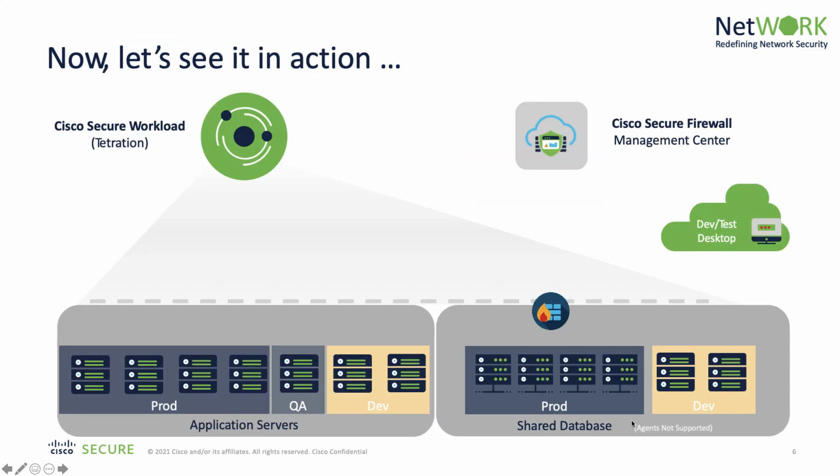First, I want to give you a quick setup for the demo so you have some context. Here is an application environment, pretty generic, and what we have is a dynamic policy that's being pushed from Cisco Secure Workload, formerly called Tetration, to the Firewall Management Center. That will then push that down to the firewall itself.